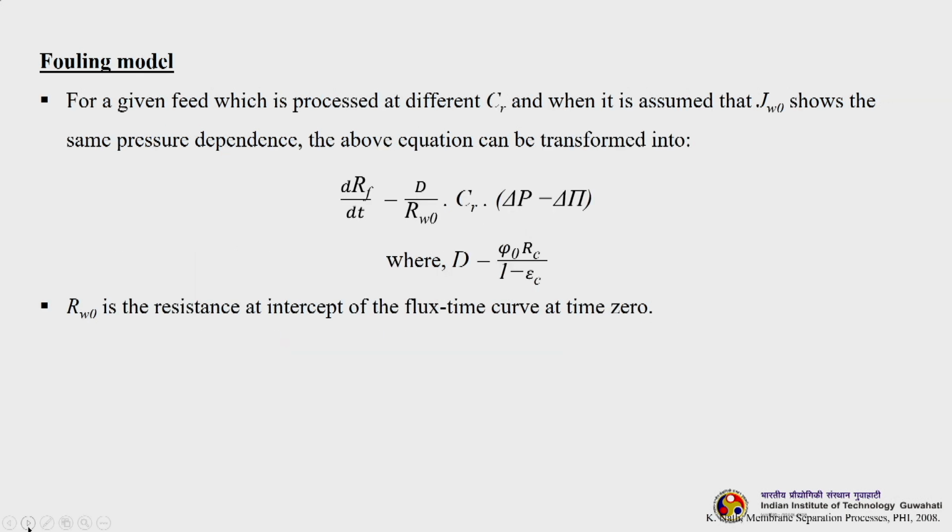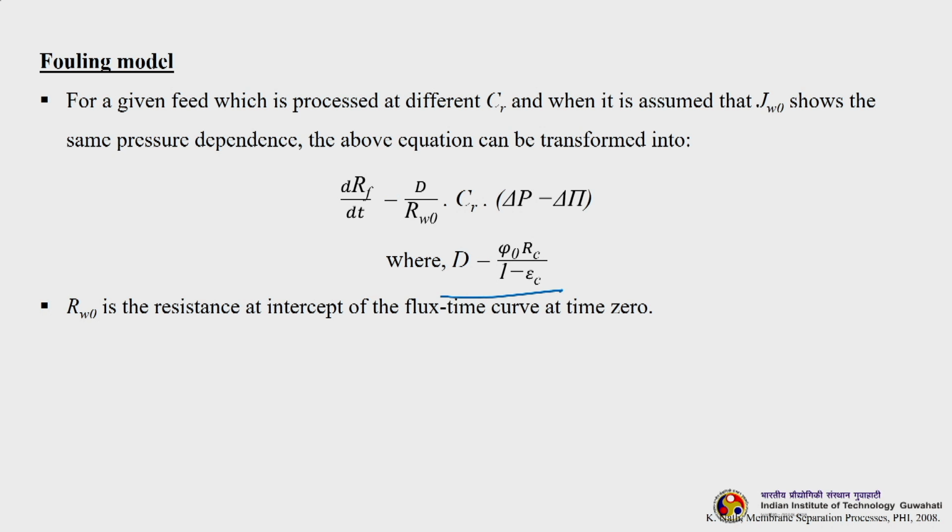So, for a given feed which is processed at different Cr, and when it is assumed that Jw0 shows the same pressure dependence, the above equation can be transformed into dRf/dt equals D by Rw0 Cr (delta p minus delta pi), where D equals this phi0 Rc into 1 minus epsilon c.